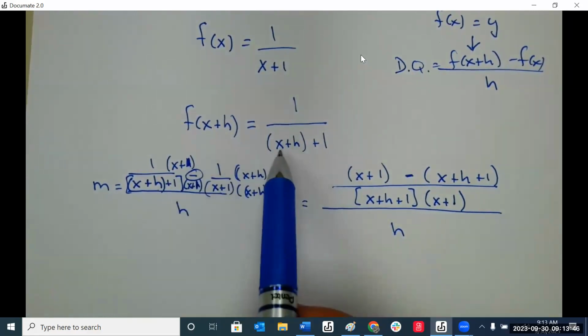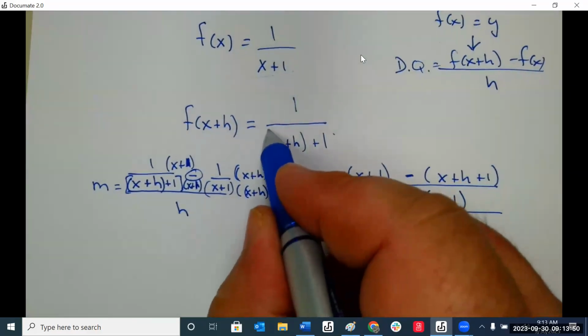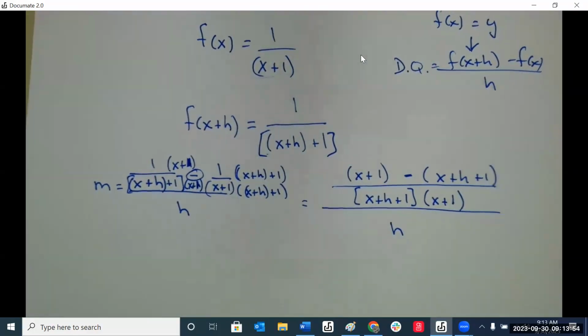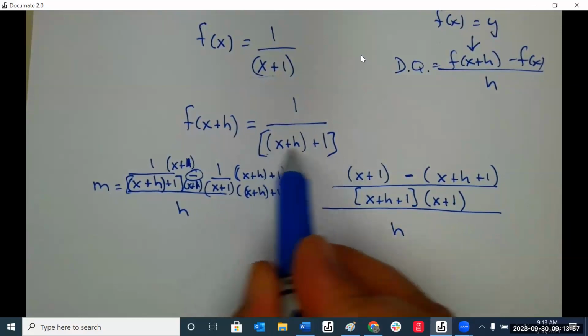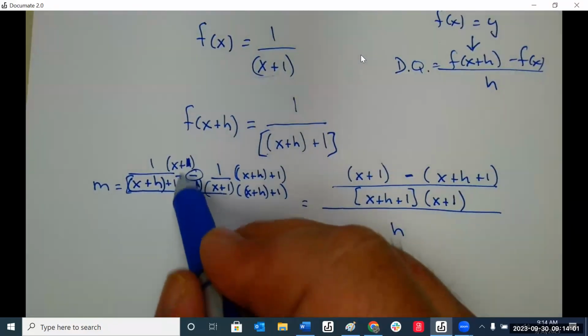Because both of these denominators are different, and they're one equation. So this denominator is the whole thing. I need it up and down here. This one, I need it up and down here.